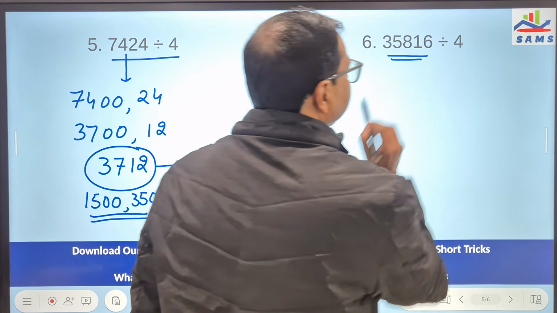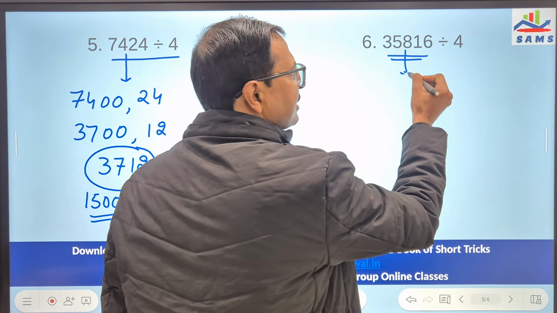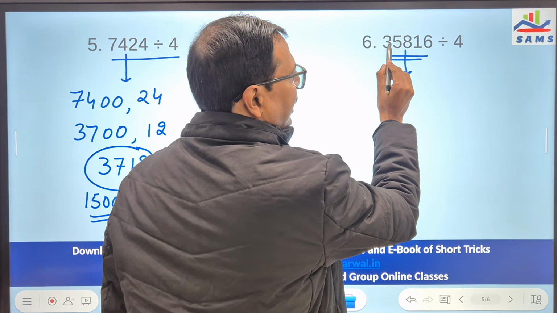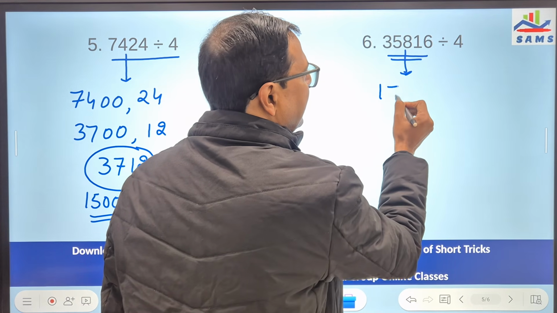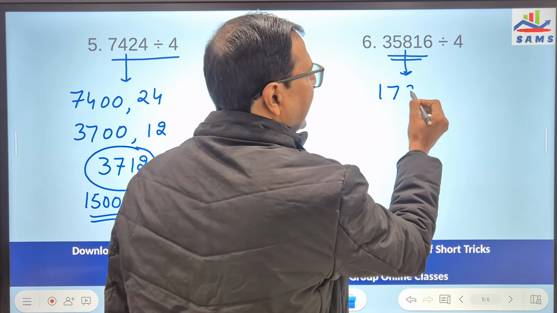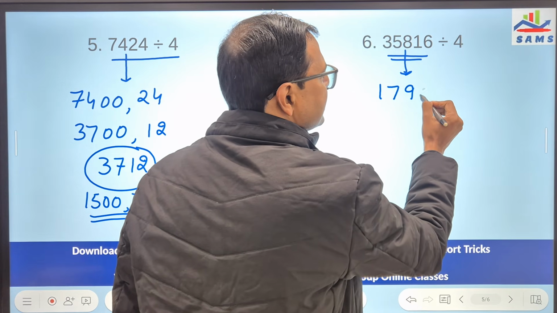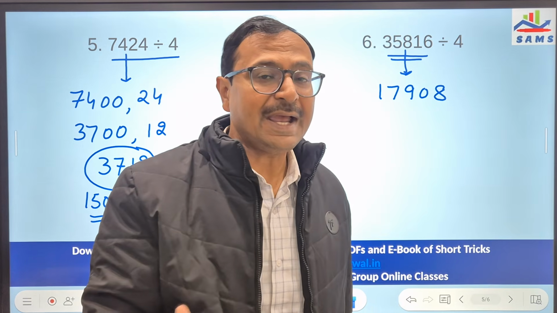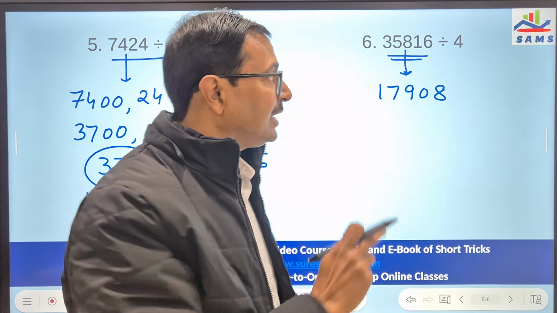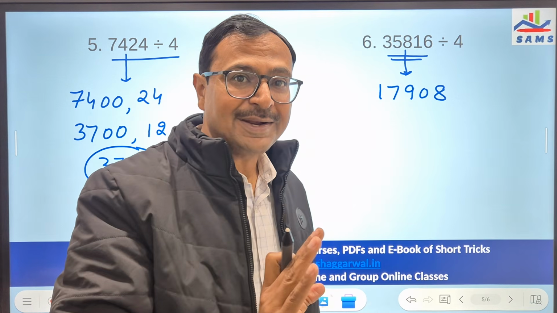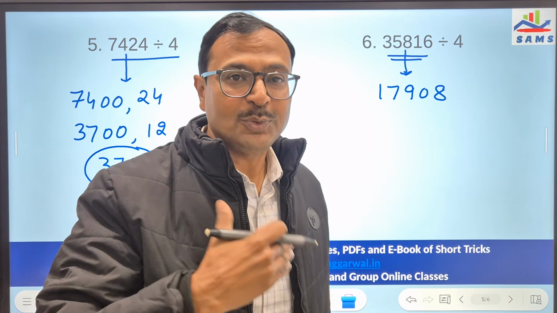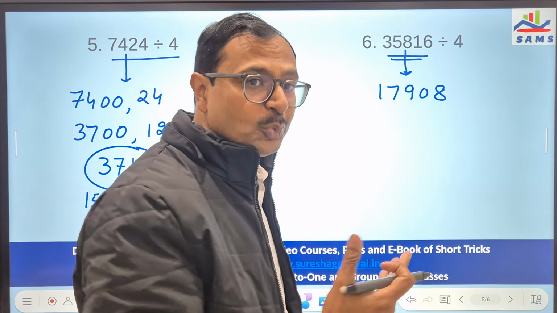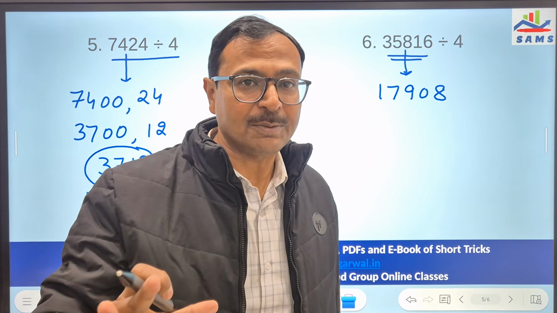Let's do this one. We have to take half of this number, so half will be, see, 34 means 17, 18 means 9, and 16 means 0, 8. See, I have taken the half of this number directly and I have done it the same way. Now see, no steps written here, and this shows that when you practice the skill, you can actually do that virtually by writing nothing on the board.